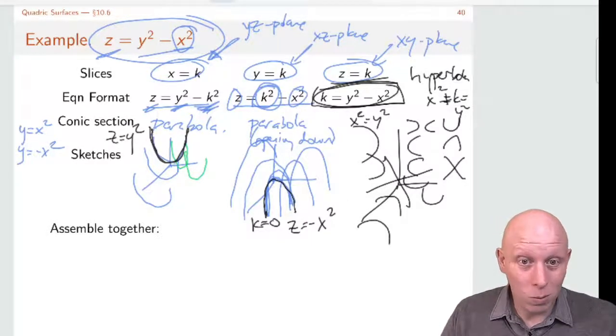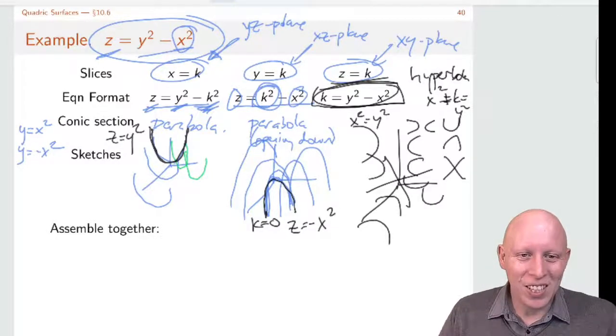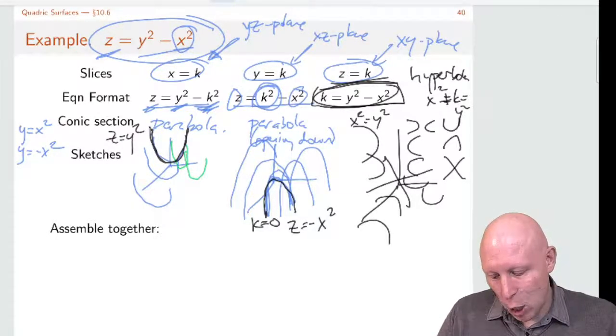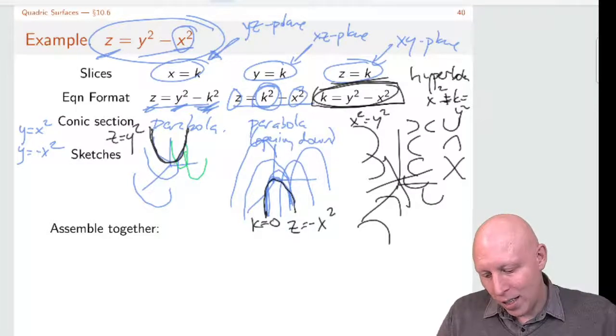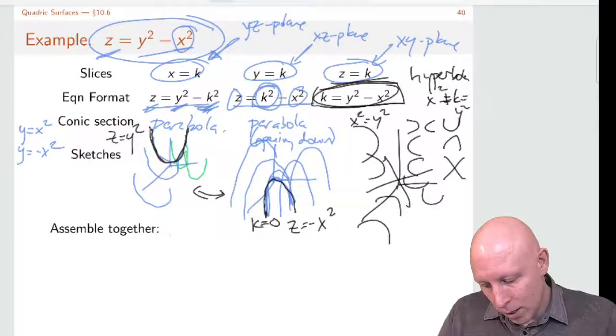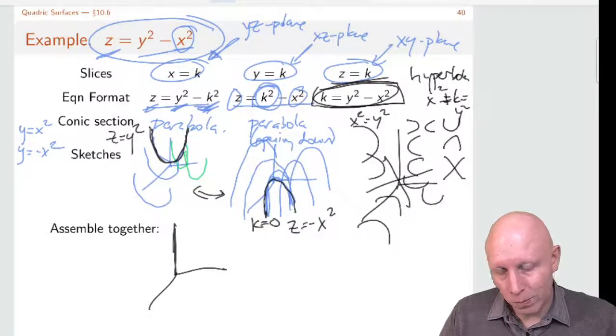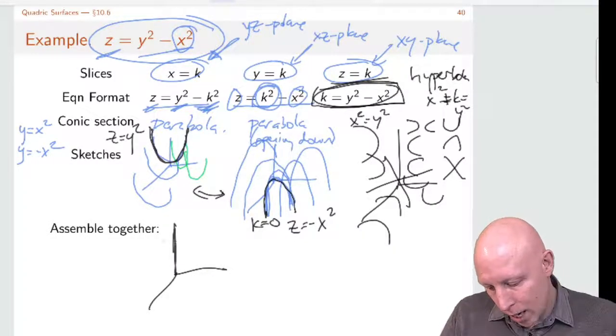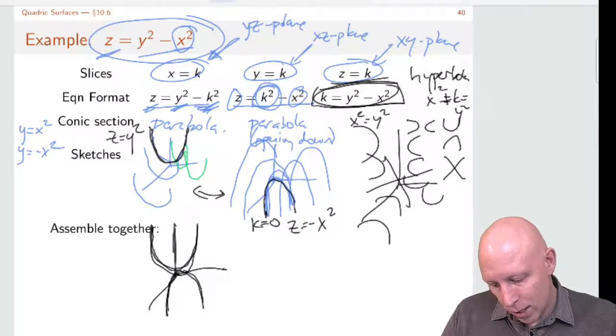Okay, this is impossible to draw. That's why we would like to use Mathematica. But it's actually not too awful to assemble these two pictures together. So let's create our 3D drawing. We have z is equal to y squared, and we have our picture that z is equal to negative x squared.